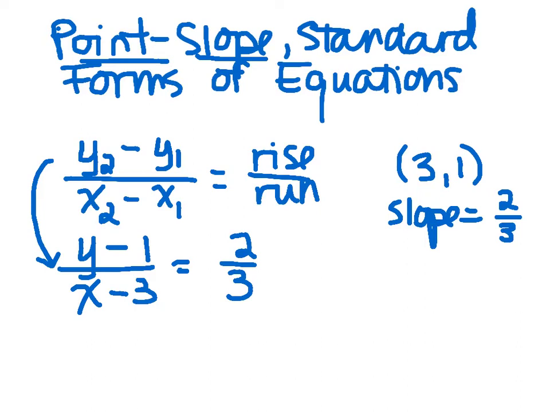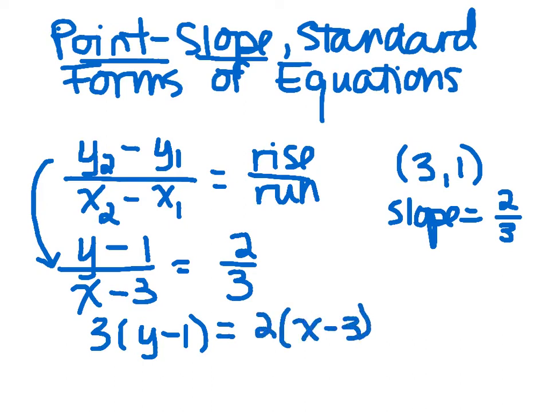If I cross multiply, I have 3 times y minus 1 is equal to 2 times x minus 3. And the final step in the point-slope form is just to put the 3 over here. So it's actually 2/3. Sorry, I should write it like this: 2/3 times x minus 3.